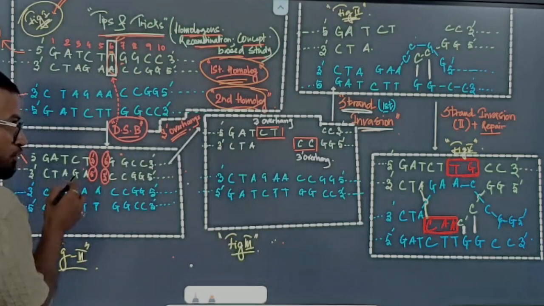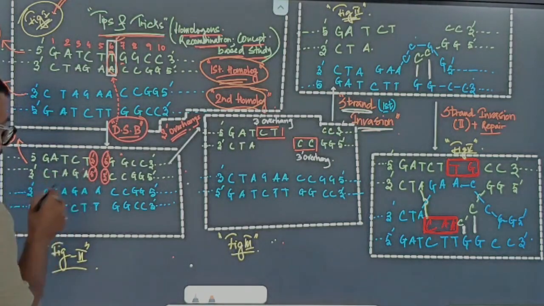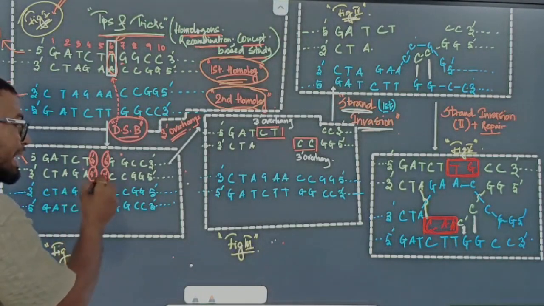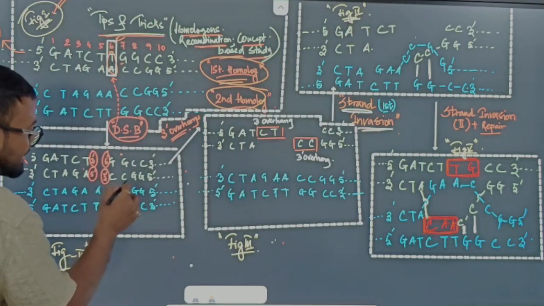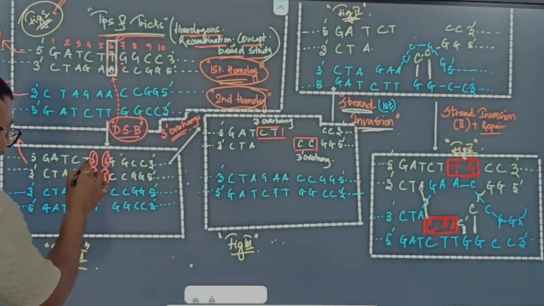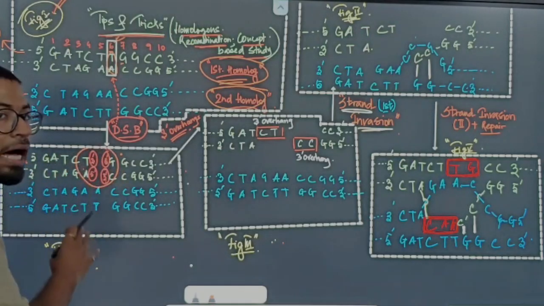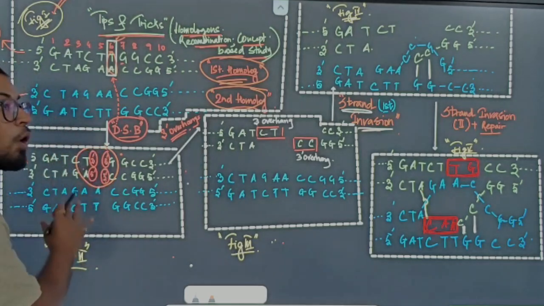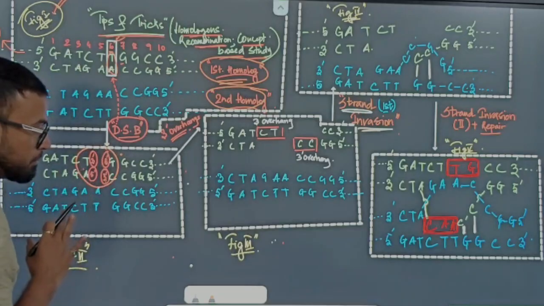Same thing goes for the other homolog: CTAGGA, 3' to 5', and 3' CCGG. So this 3' or 5', as you can see in the figure, are all hypothetically considered for the sake of understanding.